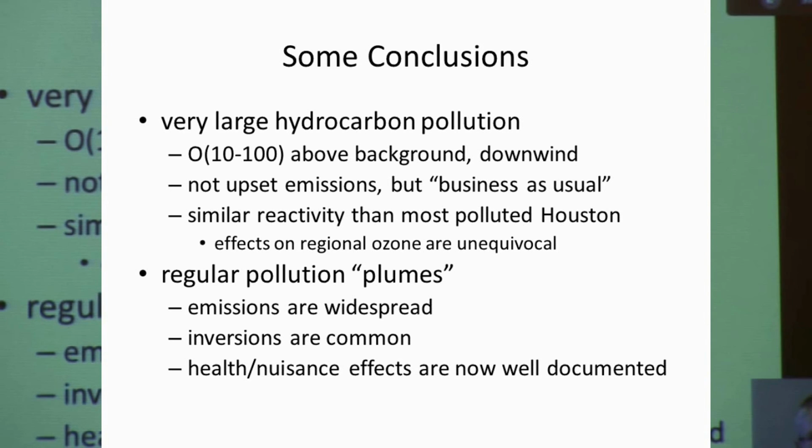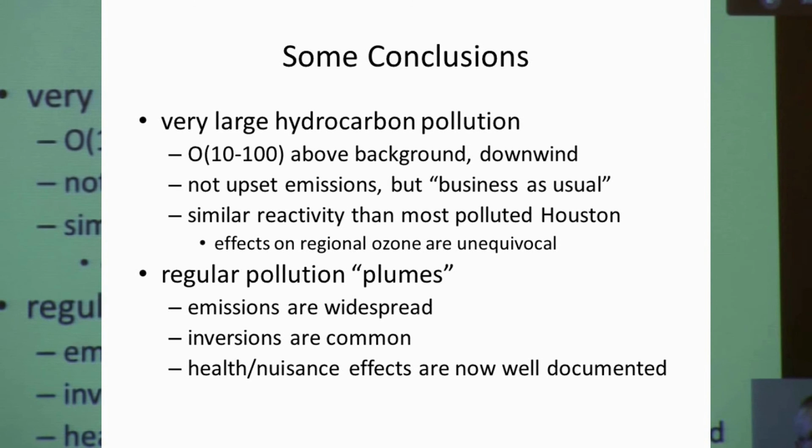You do have regular pollution plumes, as I tried to convey through the timeline of the ethane data. It's not just every once in a while that ethane is high, it's basically on a regular basis all the time. The emissions must be widespread, otherwise you wouldn't see this at the Floresville monitor all the time. We do have regular inversions, unlike in an urban area where we have a heat island effect.